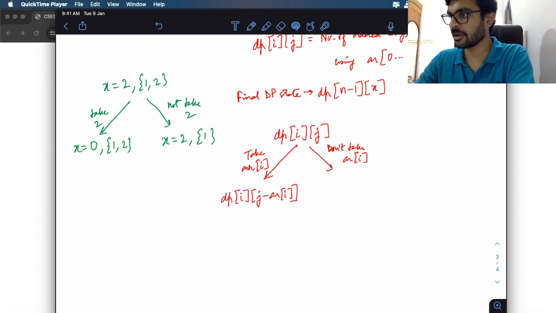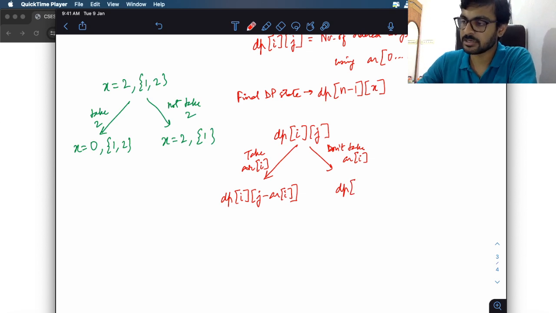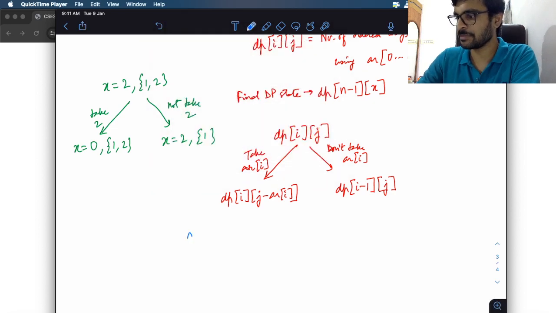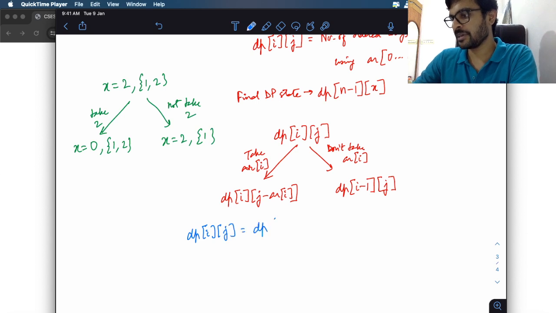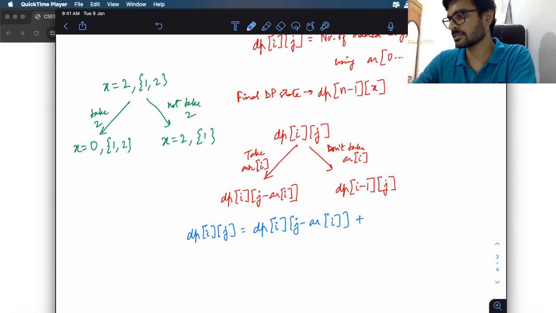And if you don't take arr[i], then basically you're not choosing that as the last element. So you'll say, okay, using the previous elements, i minus 1, what is the number of ways to get the sum of j? So this summation will give you the answer. So basically dp[i][j] is equal to dp[i][j minus arr[i]] plus dp[i minus 1][j].